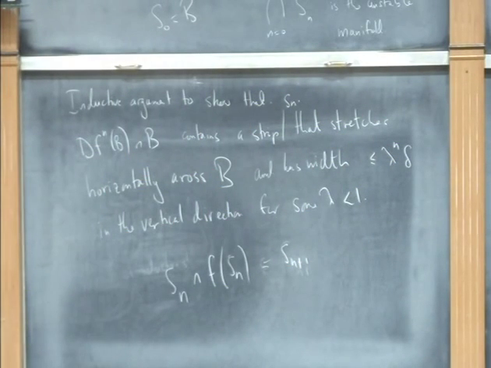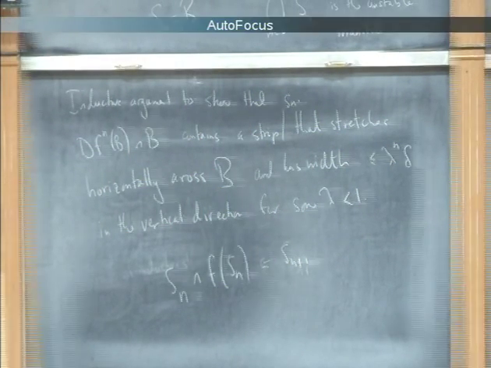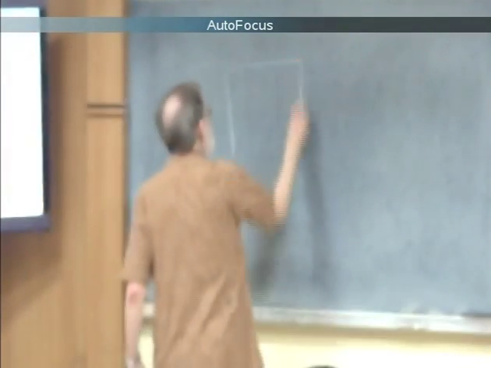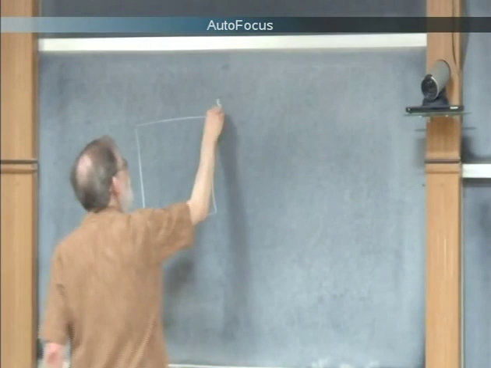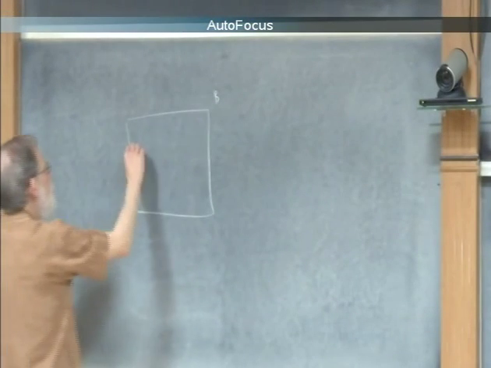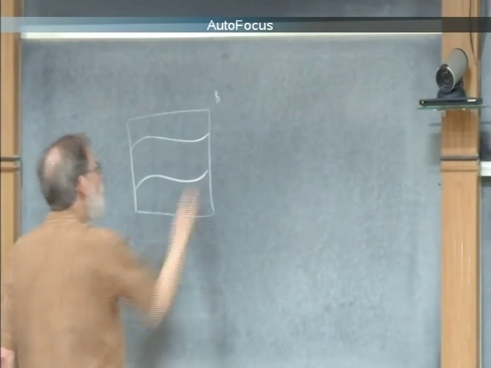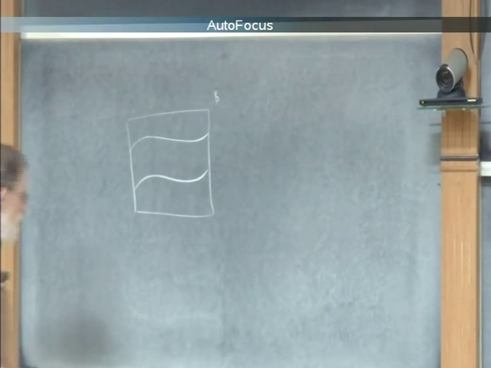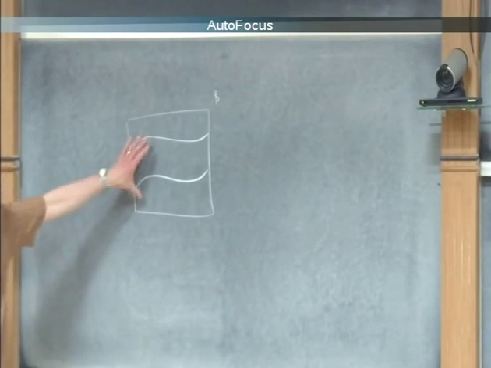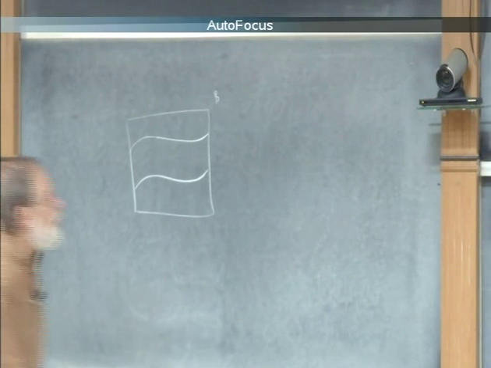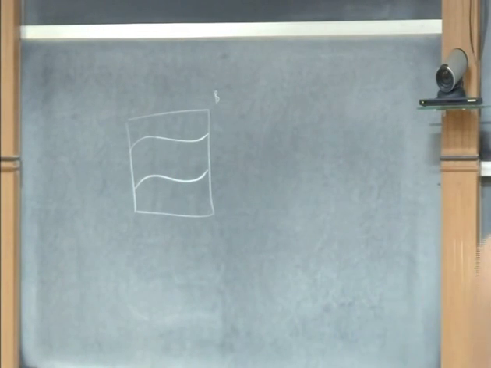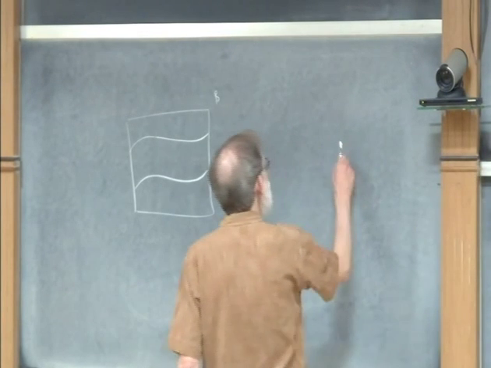There is another way of thinking about what we did here, which is really where the name graph transform comes from. If I think of my box B, and I think about functions that might be the graph. So I should say that the idea of the unstable manifold is that we have this fixed point at the origin.